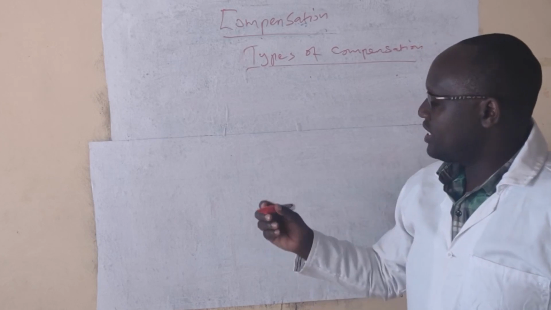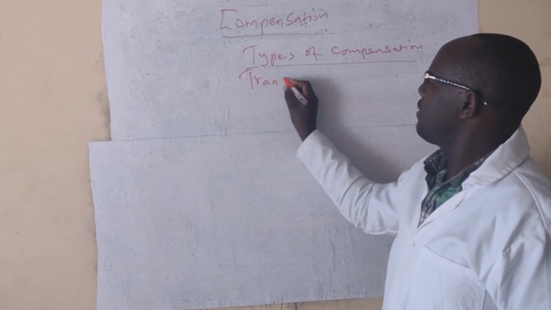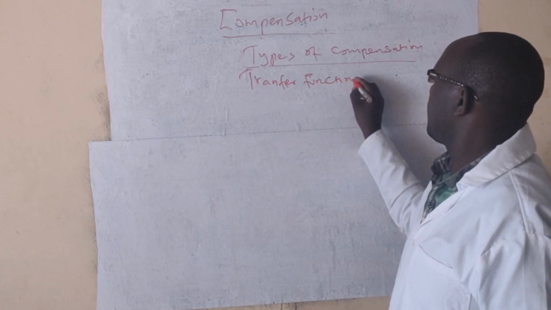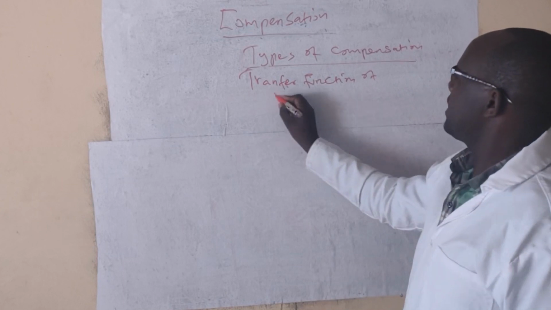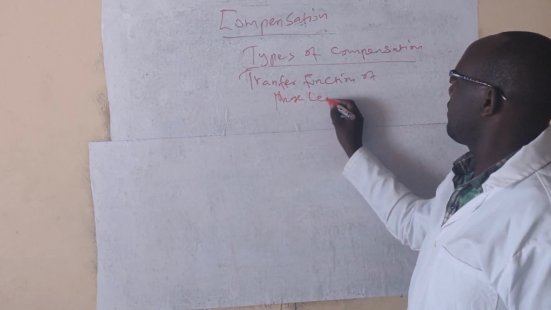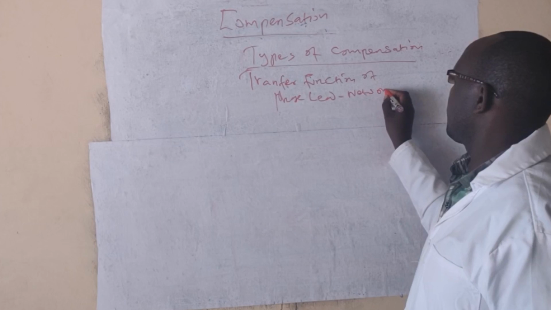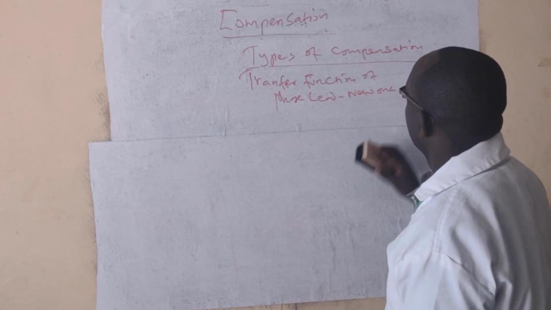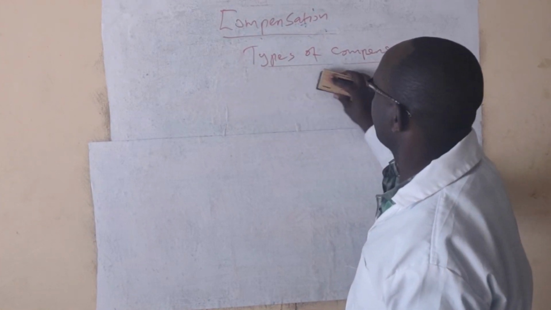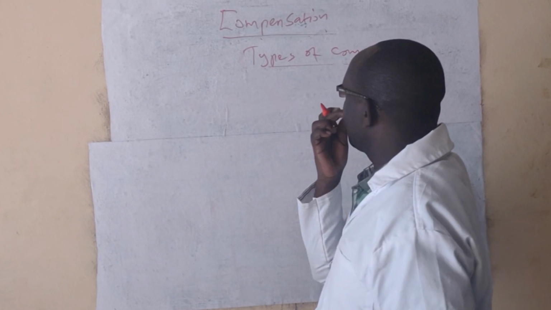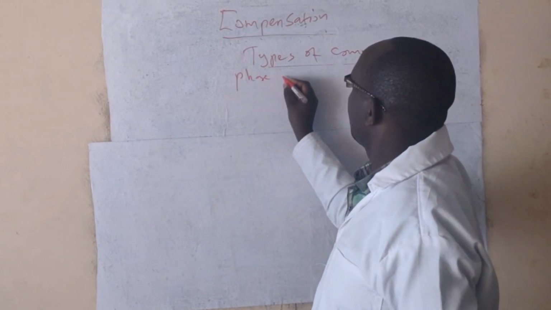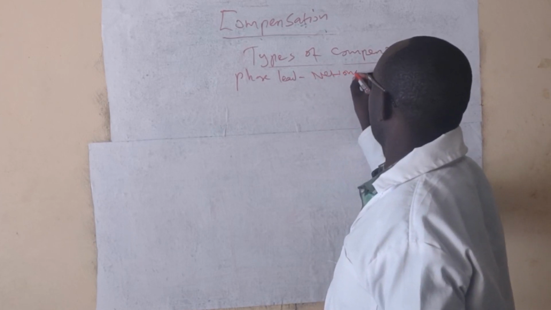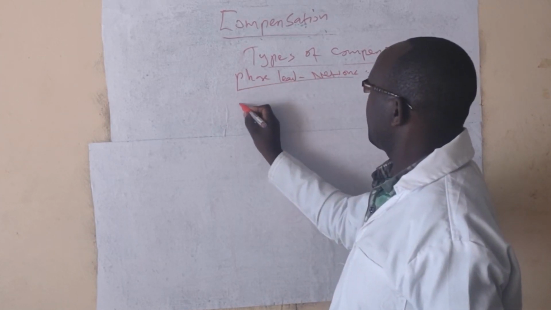So we want to look at the transfer function of the phase lead network. We want to look at the transfer function of that system. So how do we do it?